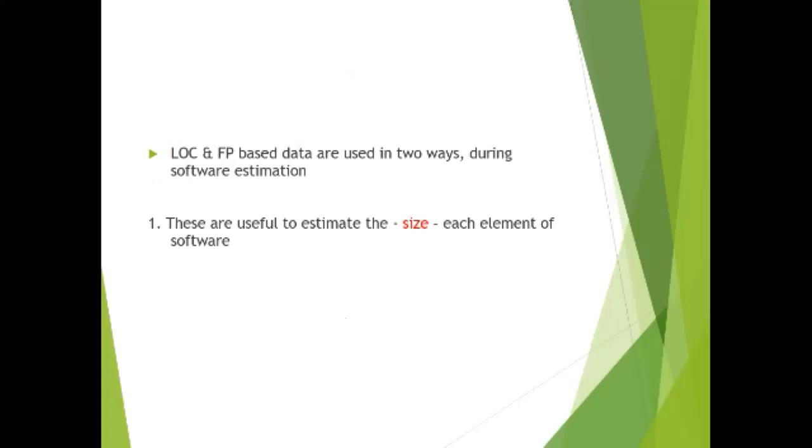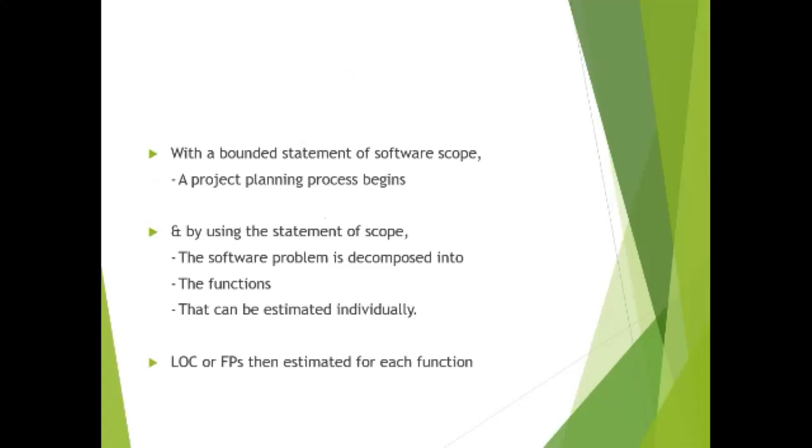First, they are useful to estimate the size of each element of the software. With a bounded statement of software scope, as the project planning process begins, and by using the statement of scope, the software problem is decomposed into functions that can be estimated individually. LOC and FP are then estimated for each function.